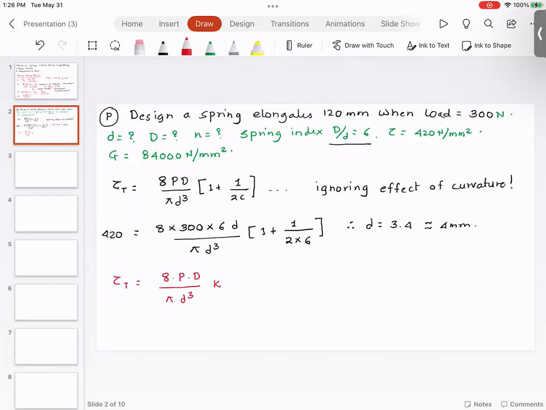So I would write this K_W. K_W is given as (4C minus 1) divided by (4C minus 4), plus 0.615 divided by C. So 4 times 6 minus 1, divided by 4 times 6 minus 4, plus 0.615 divided by 6. And can you please quickly calculate this? And I got this answer as 1.25.